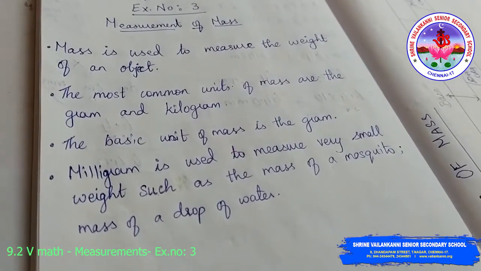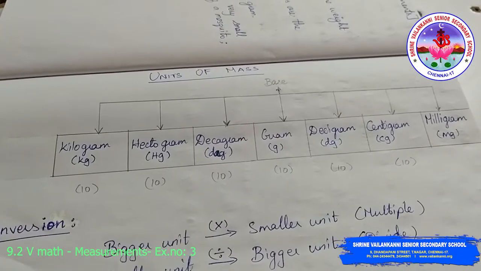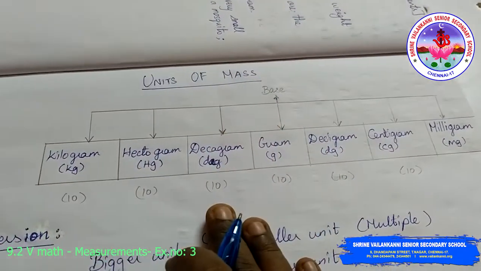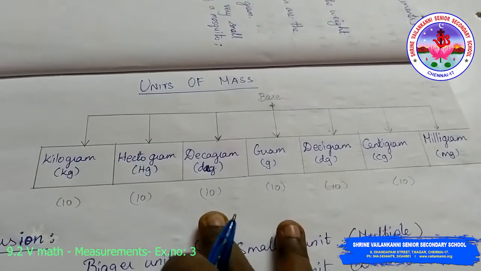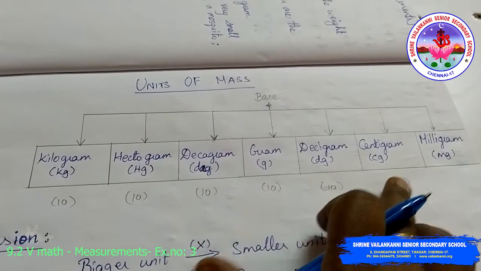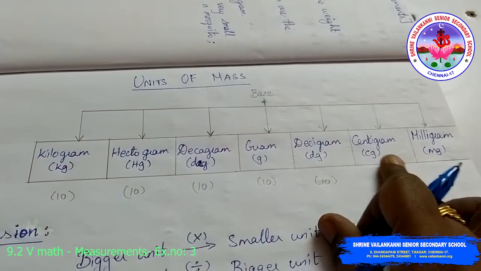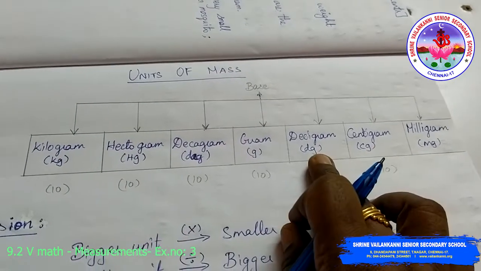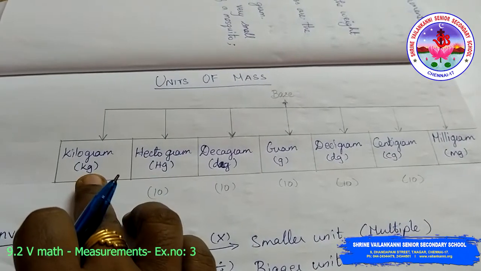So here I'll show you the different units of mass. Here you can see units of mass. You will have 7 units, starting with the smallest unit: milligram, centigram, decigram, gram, decagram, hectogram, kilogram.